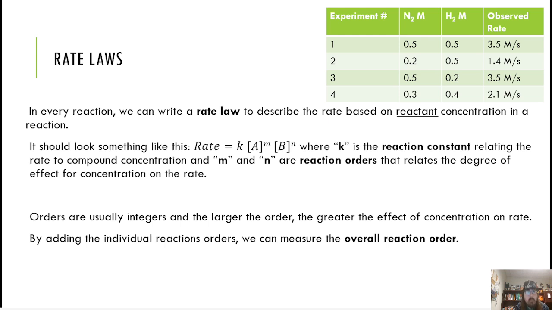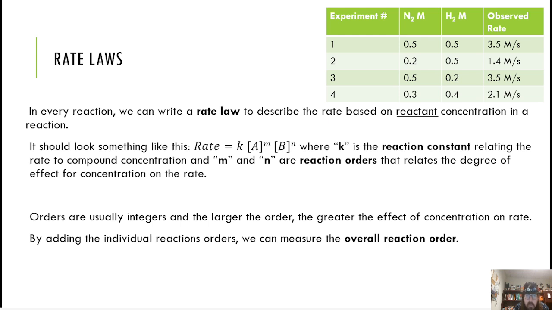For a given chemical reaction, the relative rate can depend on multiple different factors of concentrations of reactants. The reactant concentration can affect the rate, but not all reactants are created equal.